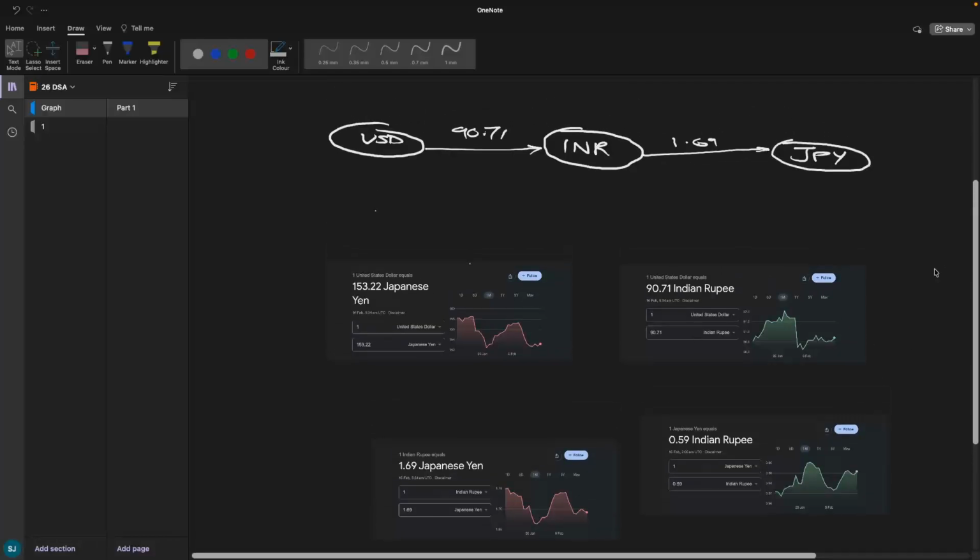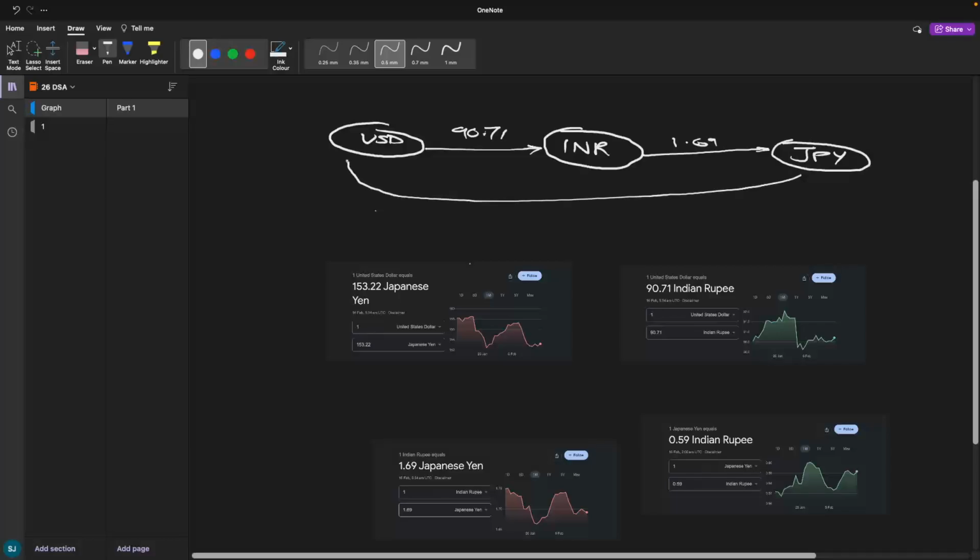Yeah, 1 Japanese yen is equal to 0.0065 US dollars, right?